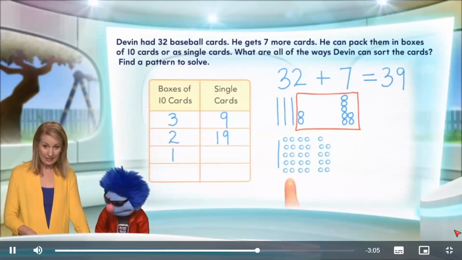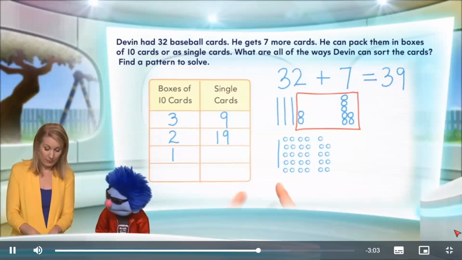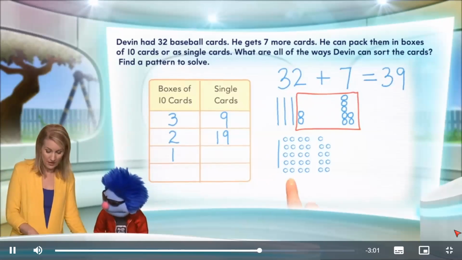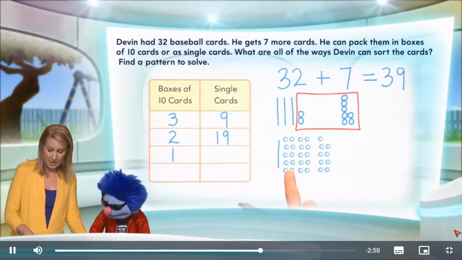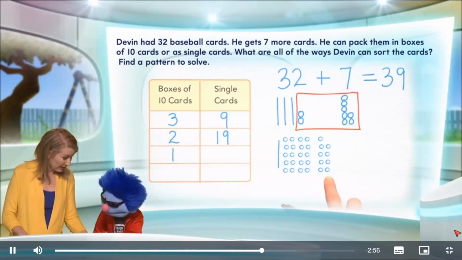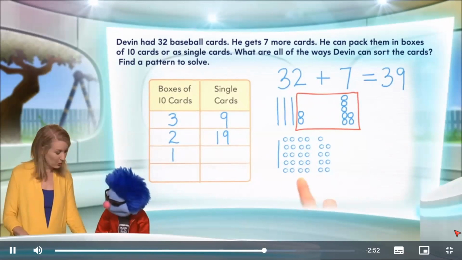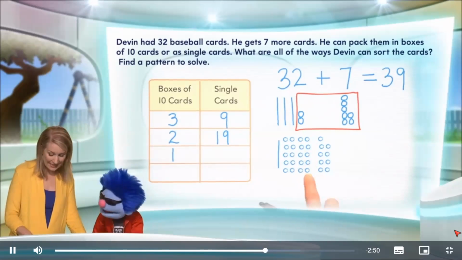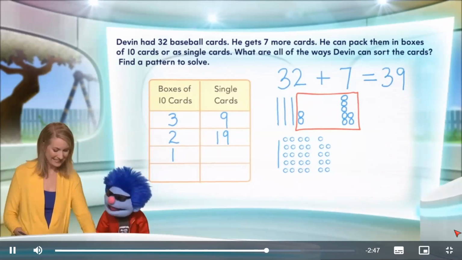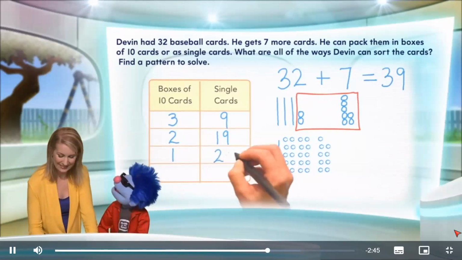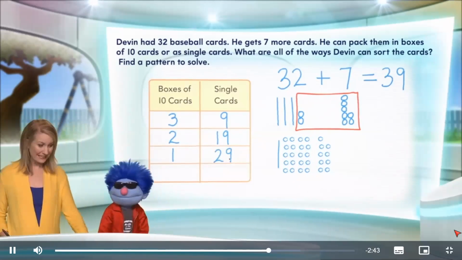Let's see how many singles. We have 1 box of 10, and how many singles do we have? This is 10, 20, and then you have the 9 ones. Exactly. So all together, how many ones do you have? 29 ones.